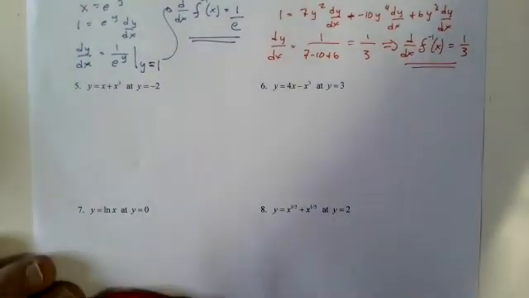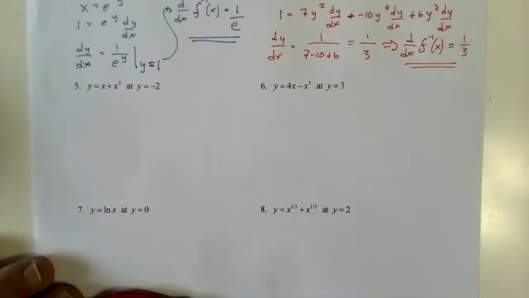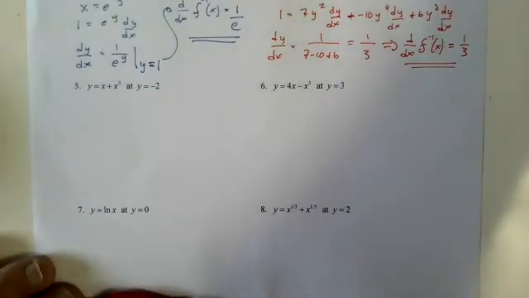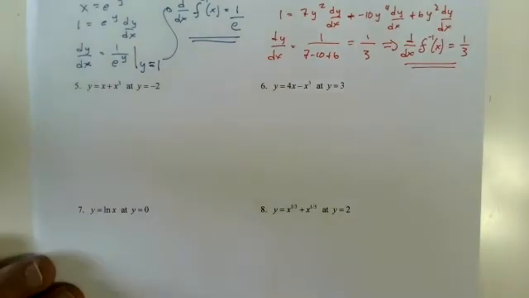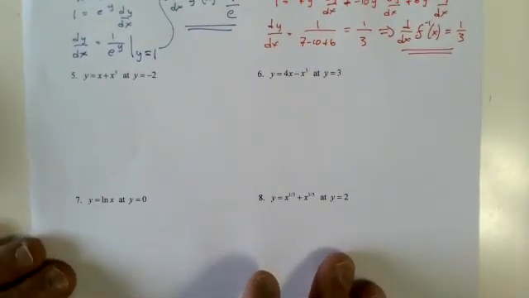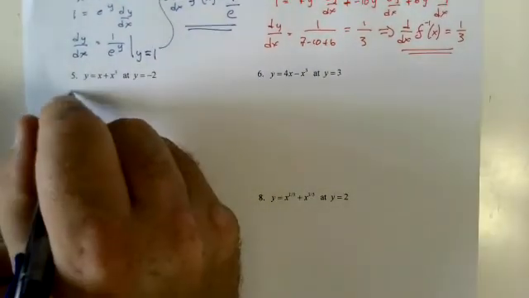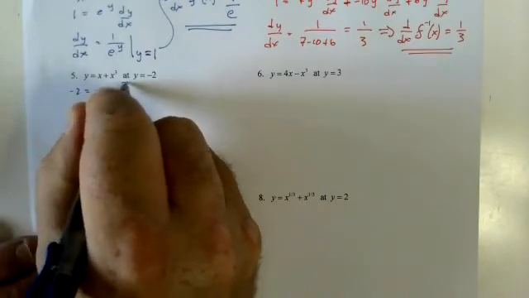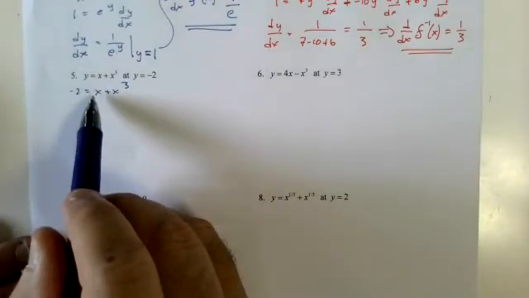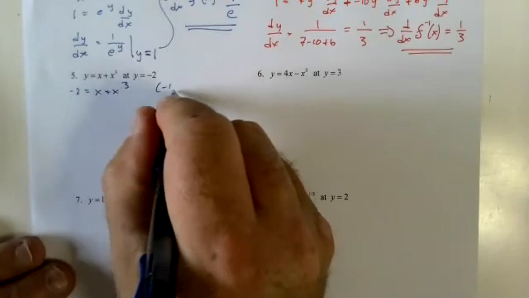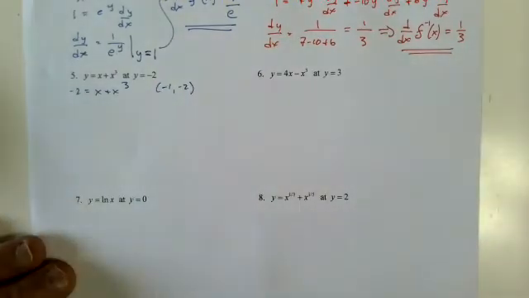And this is only one page of problems. My hand's already cramping up. Let's do this the other way. So -2 equals x plus x to the third. Or -1, it works. -1 comma -2.